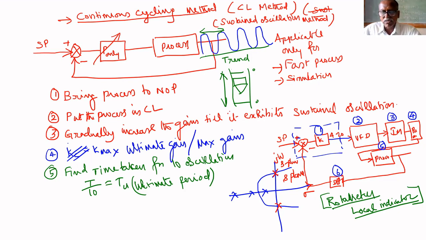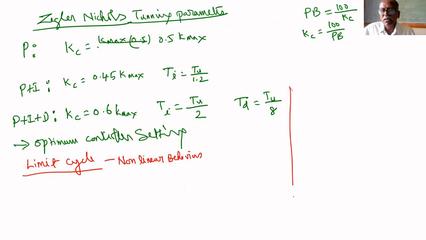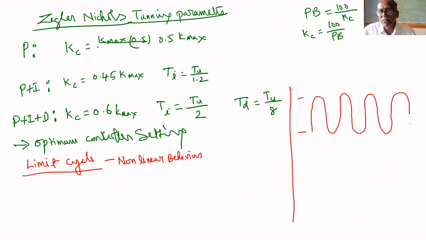If you plot the trend for this, sustained oscillation will look like this. Limit cycle will look like this: it stays for some time, then comes down, stays at the bottom for some time, then goes up.